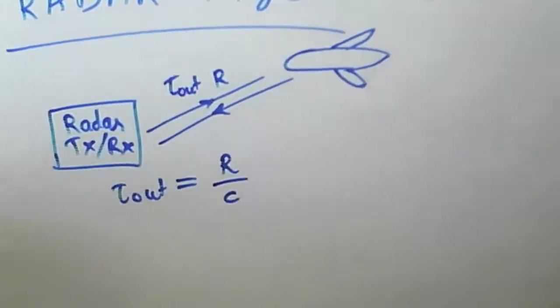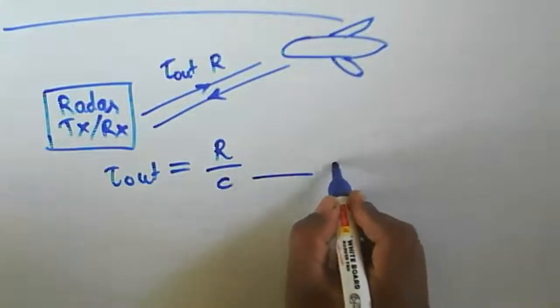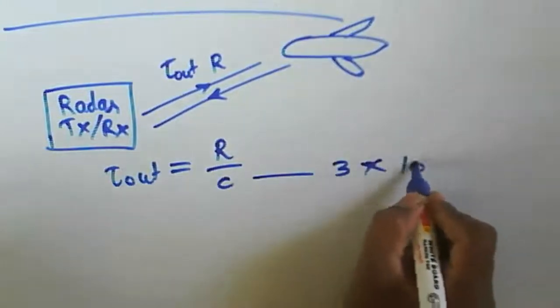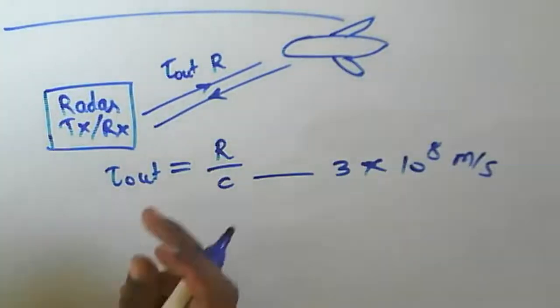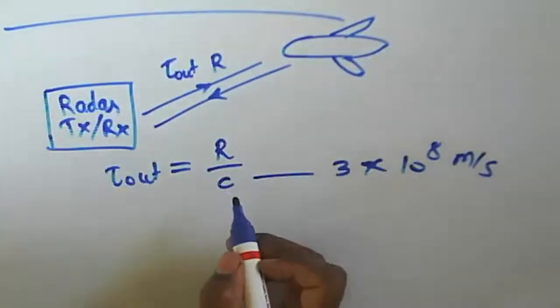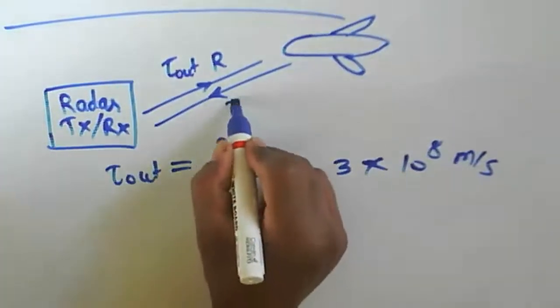c is nothing but 3 into 10 raised to the power 8 meters per second. That is for the transmitting pulse. Then the time required to revert back this particular signal is tau back.